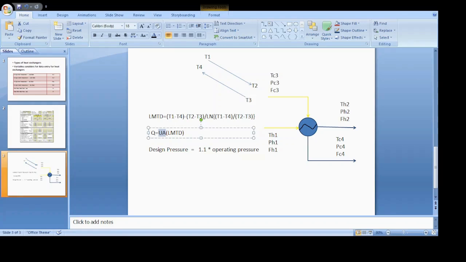So generally while doing the simulation, when I was working in one of the companies, there was a procedure that the flow pressure drop across the heat exchanger was maintained based on the K value.